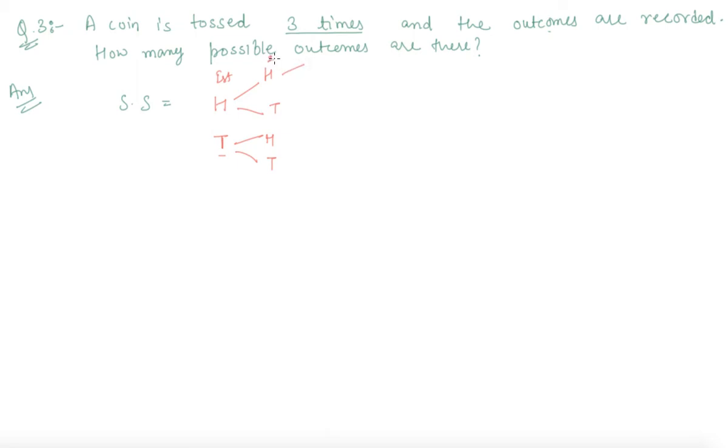Similarly, this is the second coin and now the third coin, head tail, head tail, head tail, and so there are a total of 8 possible outcomes, which are HHH, HHT, HTH, HTT. I am writing these from the tree diagram here.